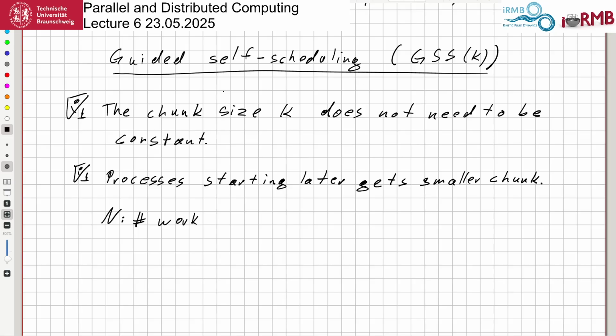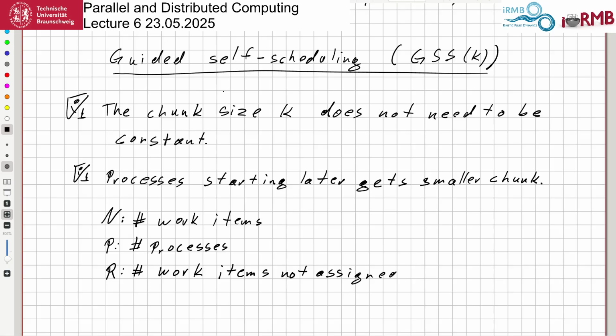So again, you have the number of work items, you have the number of processes, and you have R. R is the work that is still left to do, the work items not assigned yet.